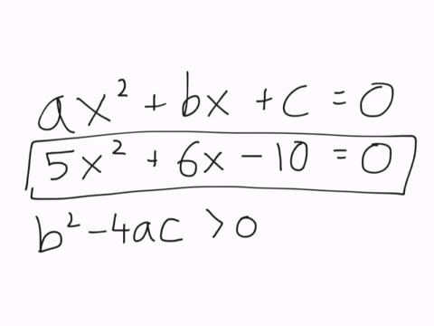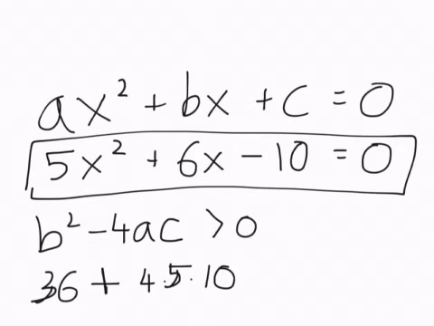b squared, that's 6 squared, is 36, minus 4 times a, which is 5, so that's going to be 20, well, let's just do it together, times by minus 10. I'll just put 10 here and put the minus over here.